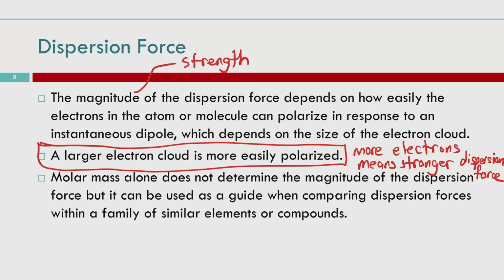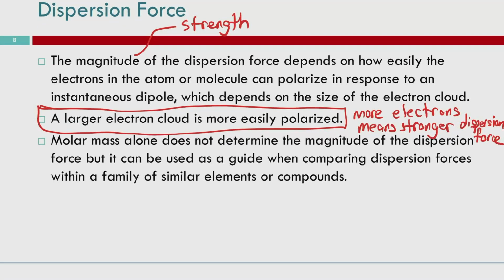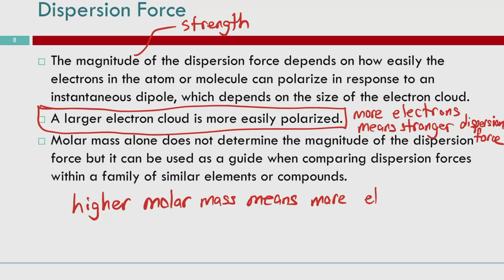It's not the only factor that plays into dispersion forces, but it is an important one, and if we're looking at a similar family or group of atoms or molecules, then we can make comparisons based on molar mass, because higher molar mass means more electrons. Again, this only works if we're talking about similar elements or compounds.